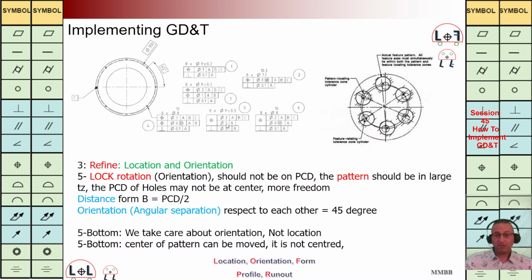Whenever we are going to have this composite FCF, we don't care about location. We take care about the orientation. That's why this center may not be on axis B. That is the difference between case number 5 and 3.